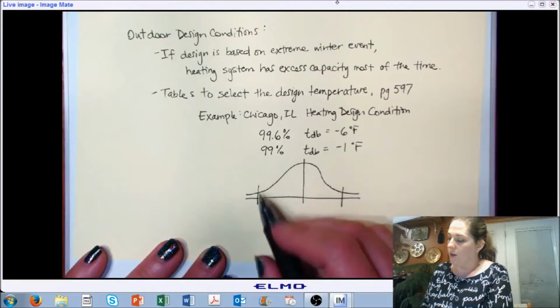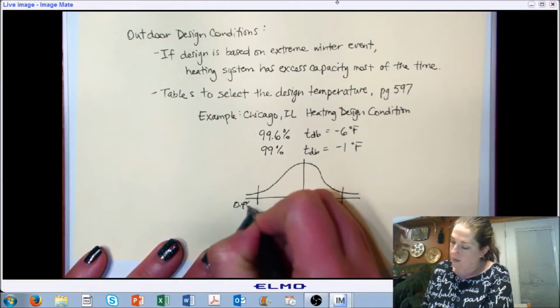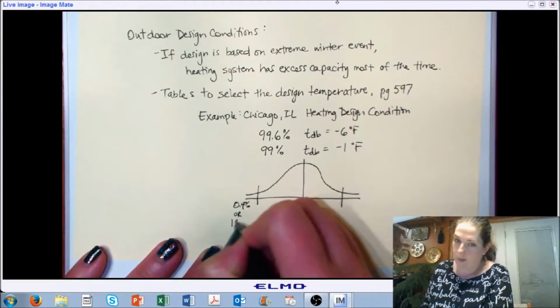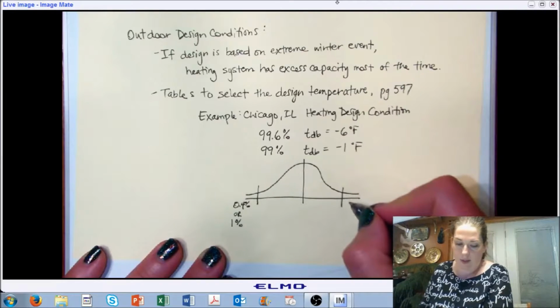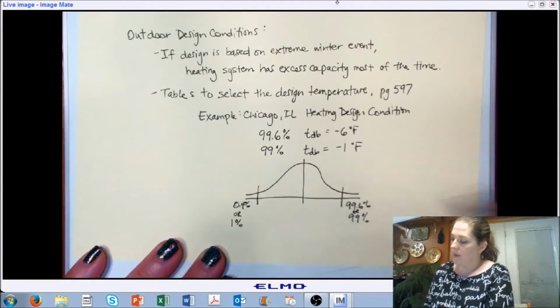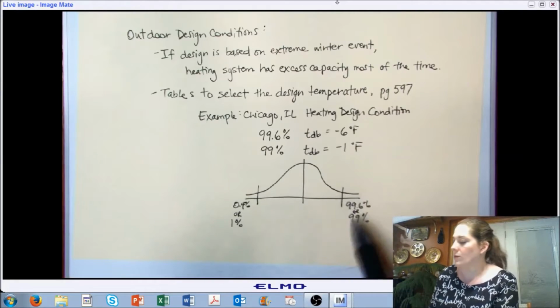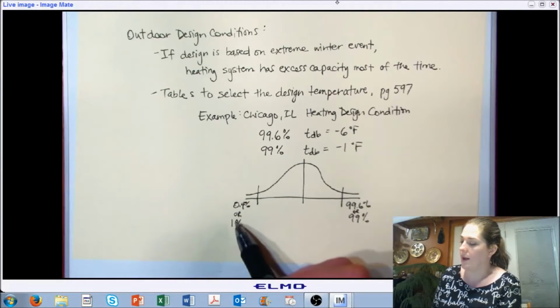And then you have a 0.4% or a 1% value at the bottom. And up at the top you would have a 99.6 or a 99% value. And what these are telling you, so this would be for the cooling load, and this is going to be for the heating load, so for what we're looking at now.